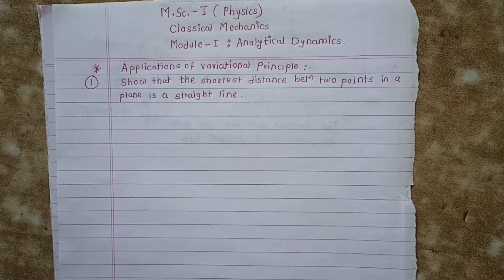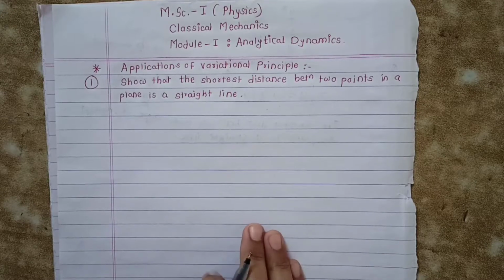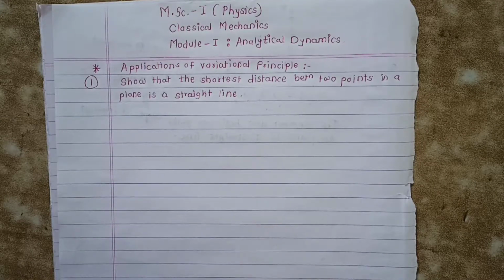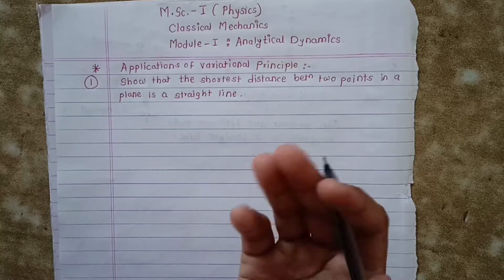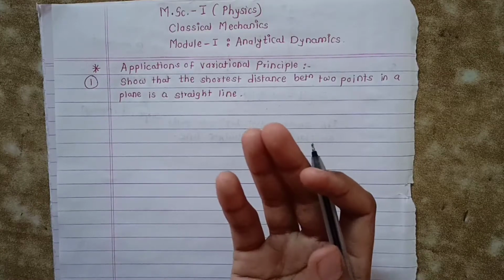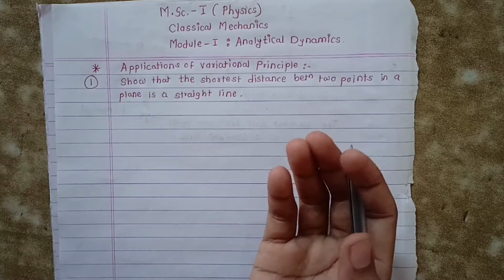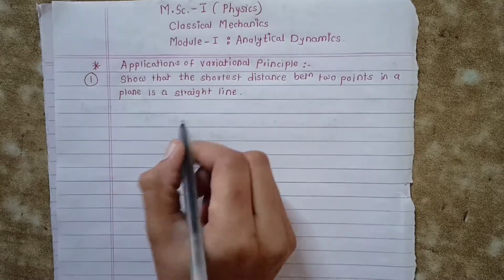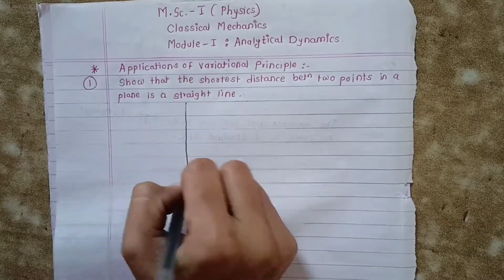When we consider the plane and take 2 points on it, there are a variety of ways to go from point A to point B. We have the xy plane.